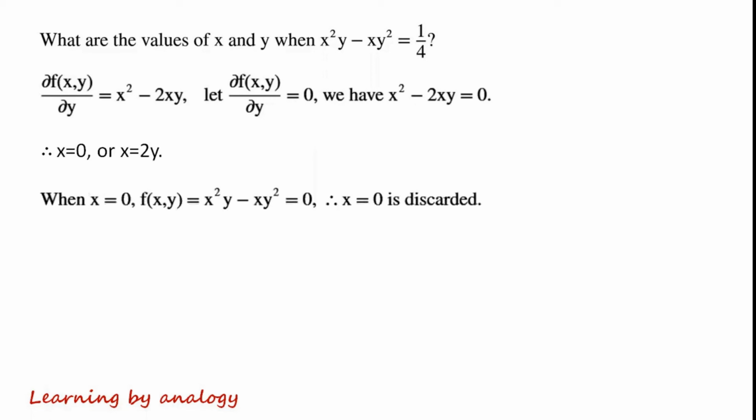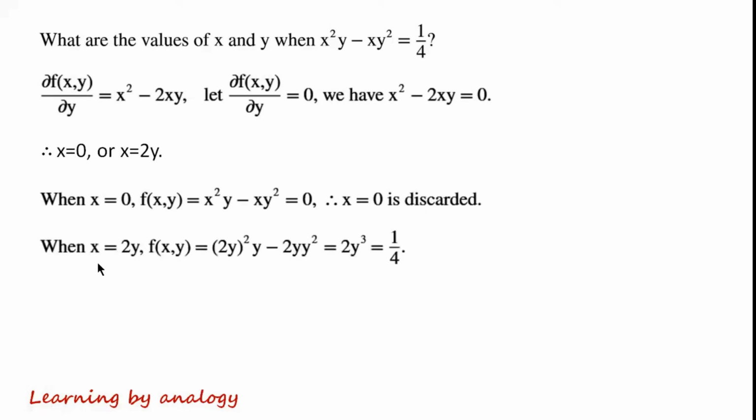When x equals 0, f(x, y) equals x squared y minus xy squared equals 0. So x equals 0 is discarded.